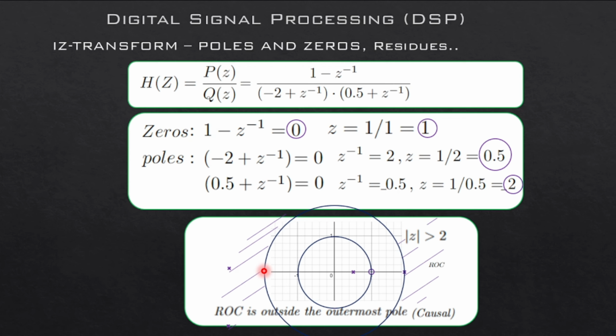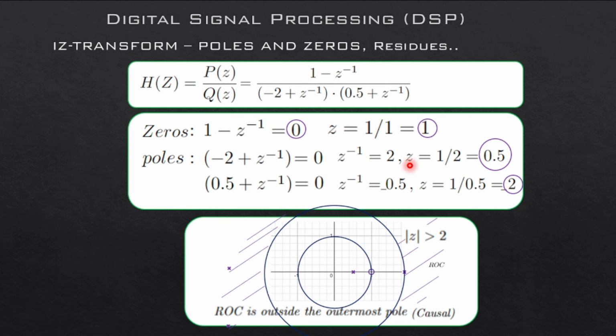Now, here we have three cases if we don't know what the system is about. If the system is causal, the region of convergence is outside the outermost pole. What is the outermost pole? That's 2 or minus 2 because it's symmetric for z. So this is minus 2, that's the pole.